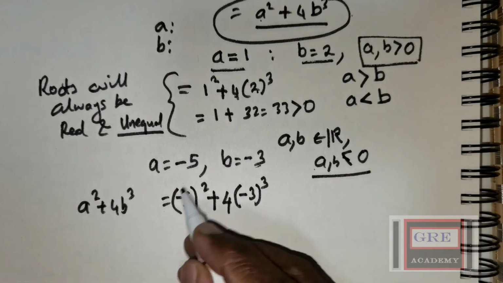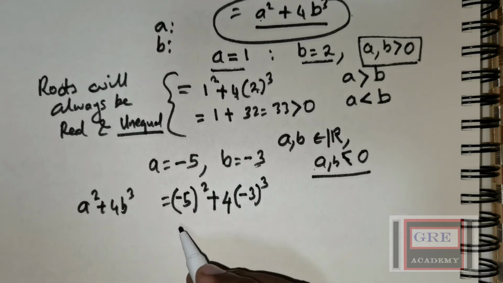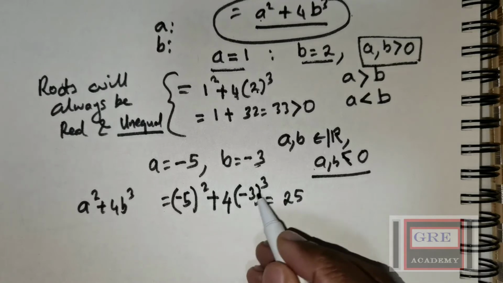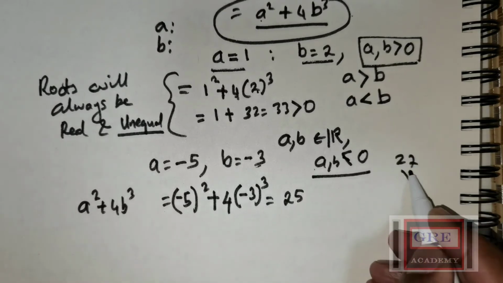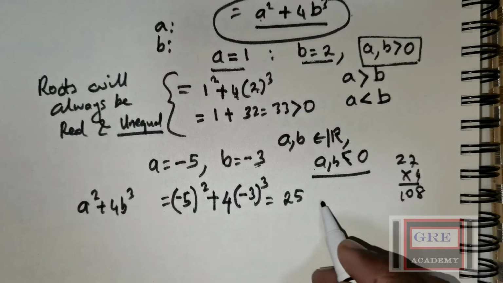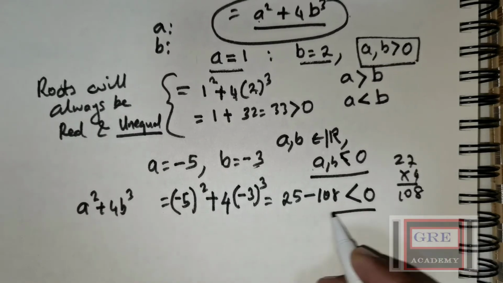The first part is always going to be positive. This positive quantity is going to give me 25, but 3 3s are 9, 9 times 3 is 27, 27 multiplied with 4 is 108. So you're getting a −108, which will be less than 0. The outcome is less than 0.